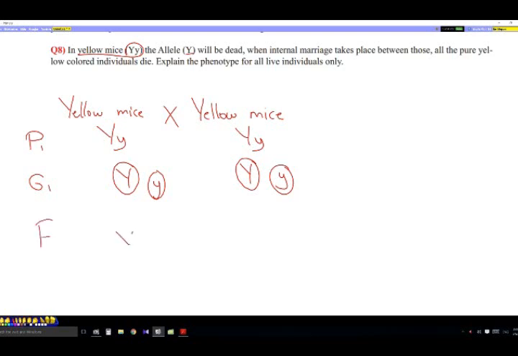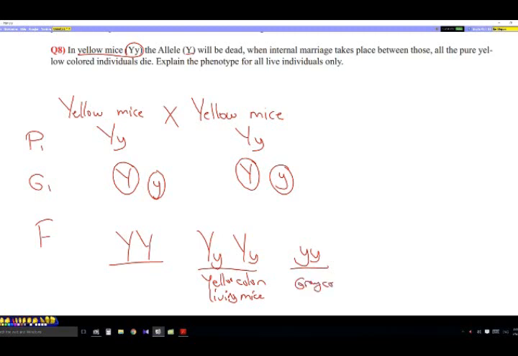In the F1 generation, capital Y capital Y is the yellow dead mice. Capital Y small y is yellow color but living mice, and small y small y is pure gray color normal mice.